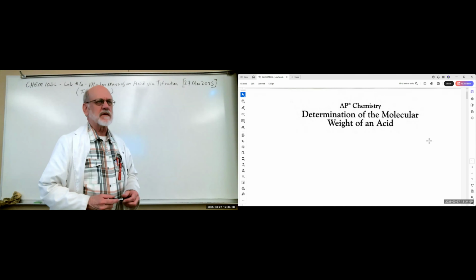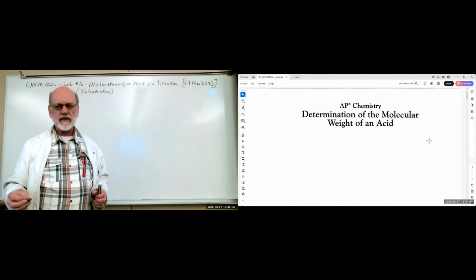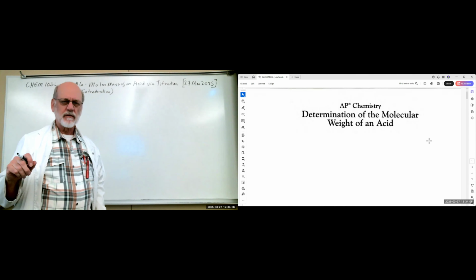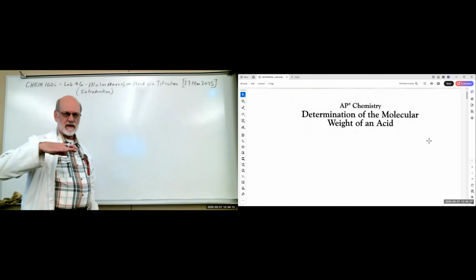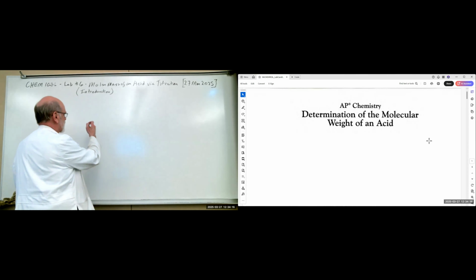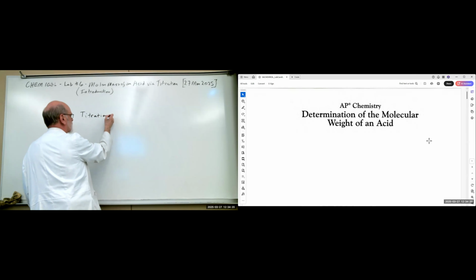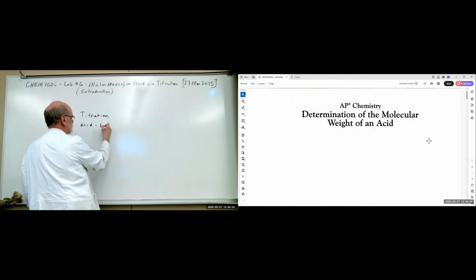So I think I mentioned basic concepts of titration, but for our purposes, at this stage in general chemistry, when we say titration, we usually mean an acid-base titration.